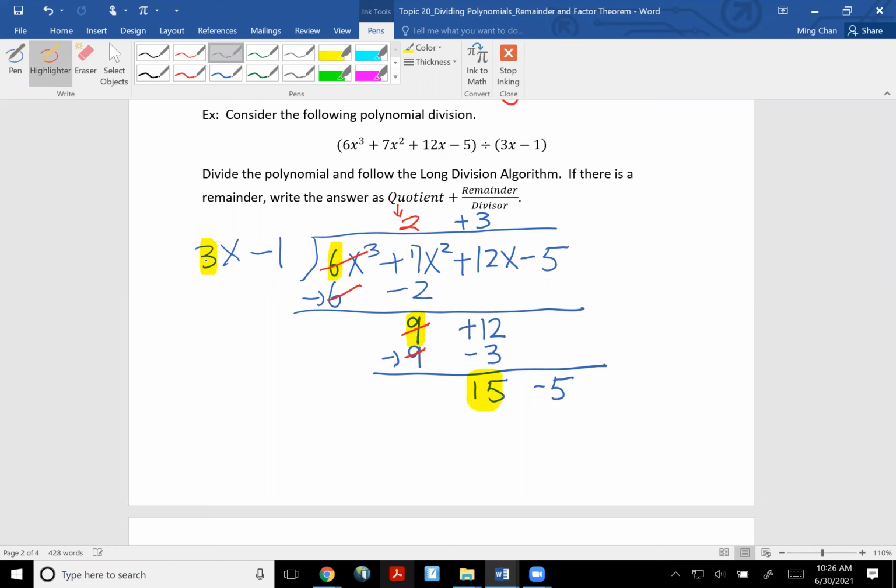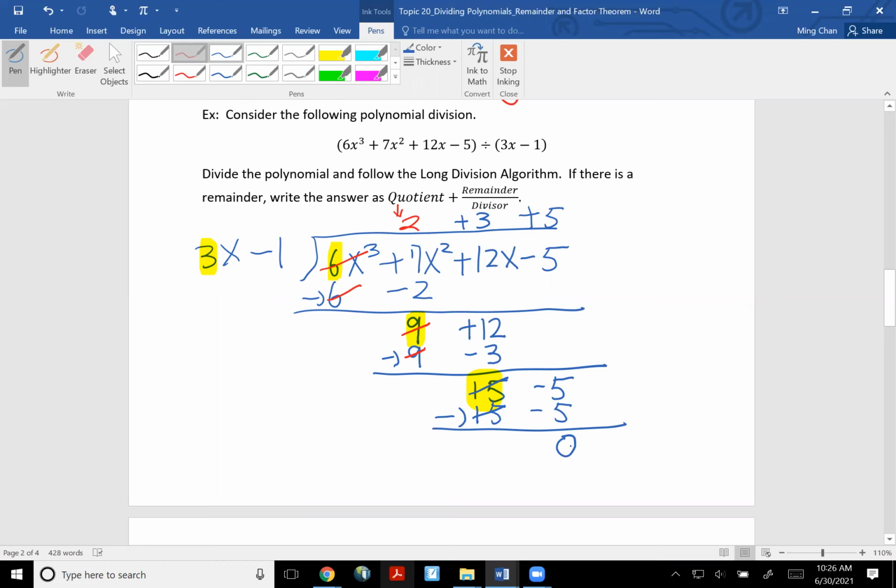The first term on the outside goes into the first term on the inside. 3 goes into +15, +5 times. That quotient goes on top of the last term. Then I multiply: +5 times 3 is +15, and +5 times -1 is -5, put below the second term. Long division, we will subtract. 15 minus 15 cancels out. -5 subtract -5, the same number, so the remainder is 0.